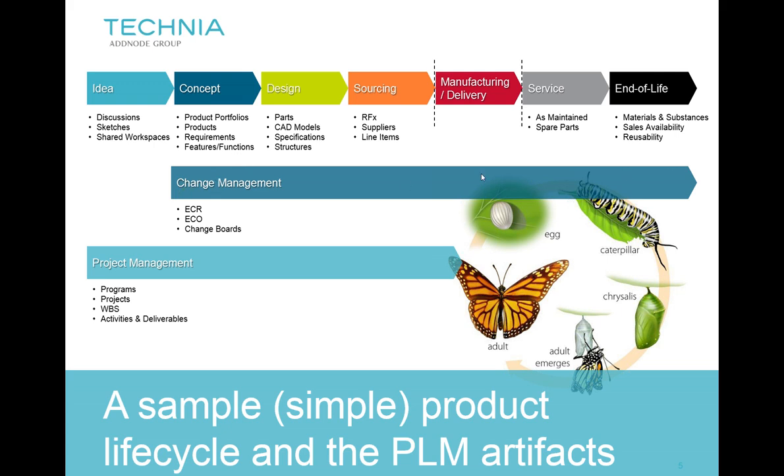Across these life cycle steps, we have certain PLM-managed processes like change management, where you manage both the change impulses in terms of engineering change requests, but also the actual work to perform the change in the form of engineering change orders.